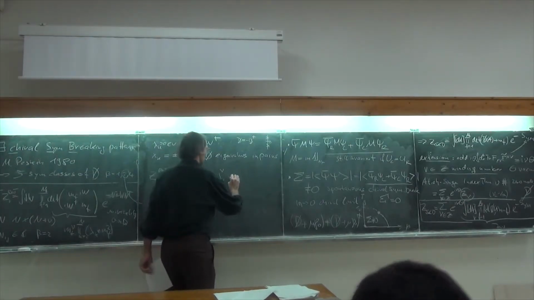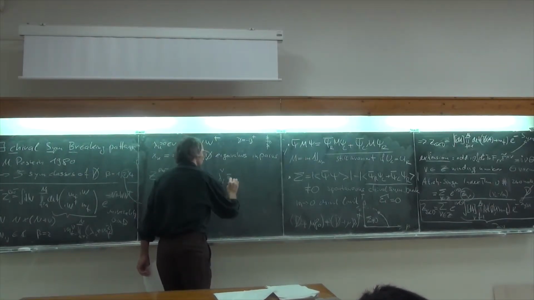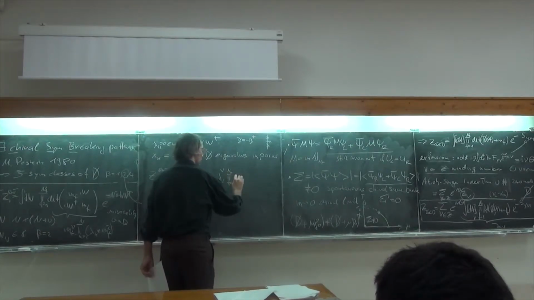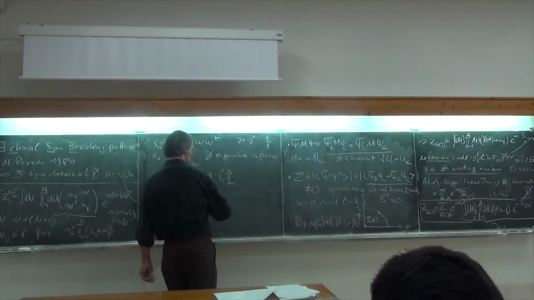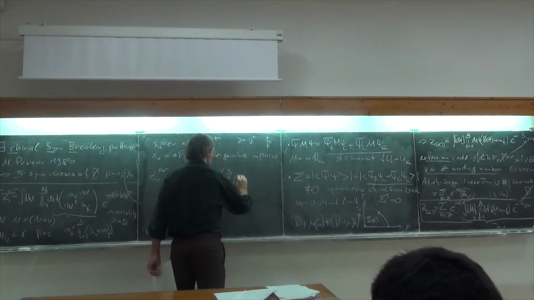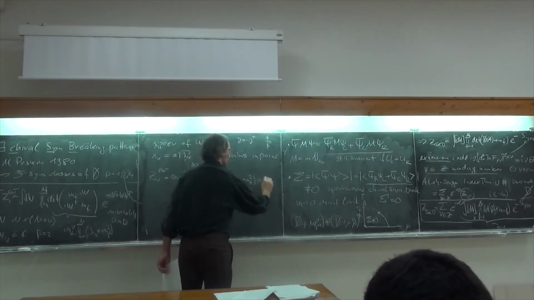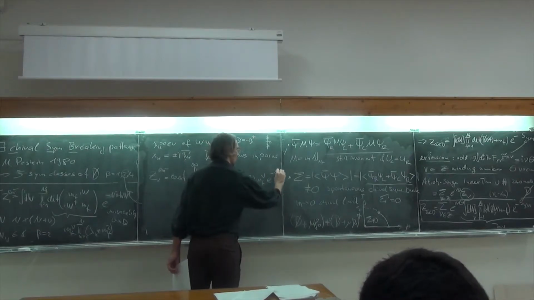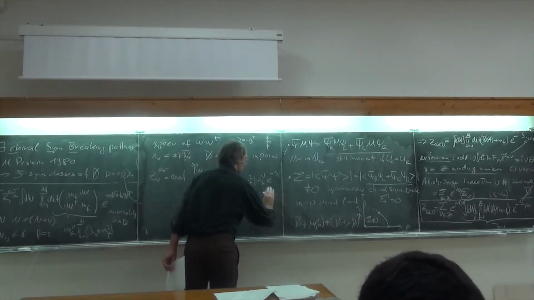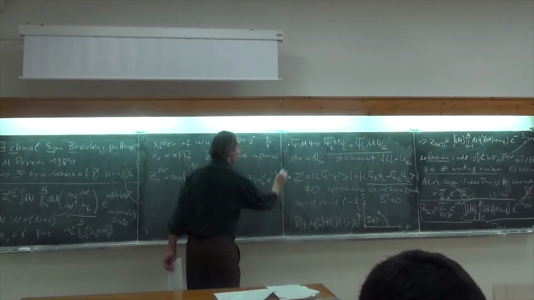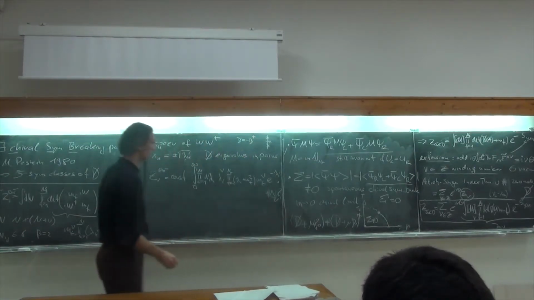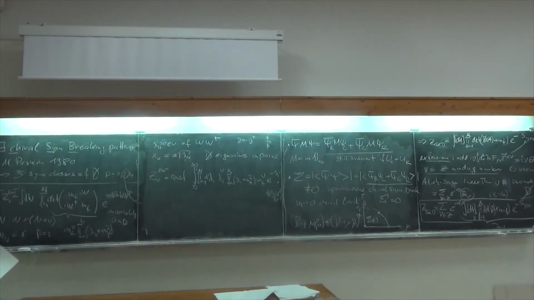Then we have the product over f from 1 to N_f of lambda_i squared plus m_f squared, to the power N_f nu, and e to the minus lambda_i squared times N. Okay. Now we're back to what we know.